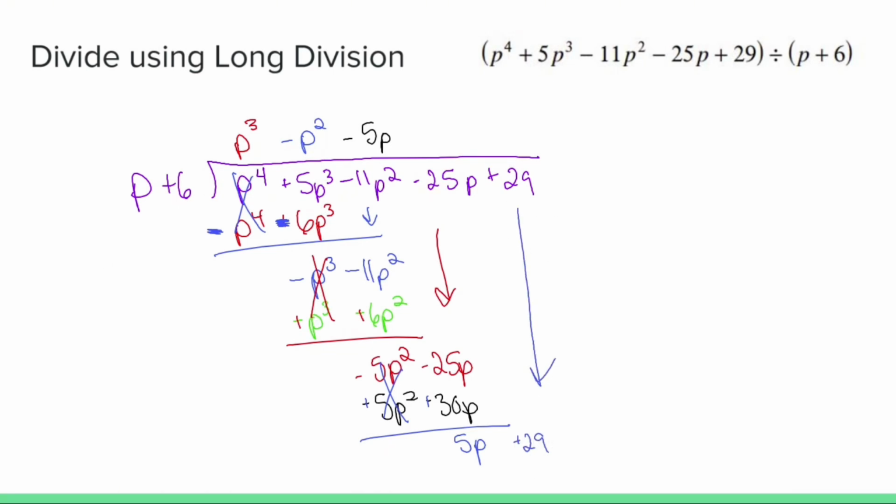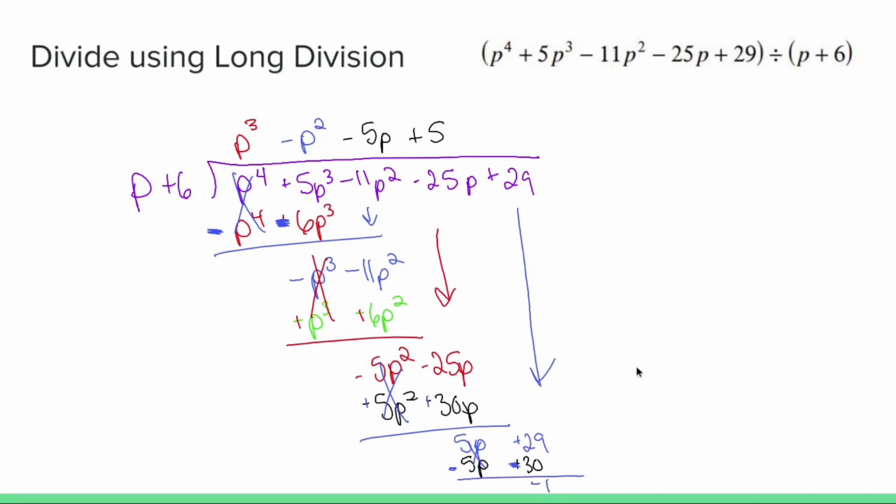Repeat the process one more time. We're running out of space, so thank God we're almost there. P times what is 5p? 5. So multiply 5 to p, so you get 5p. Multiply 5 to 6, which is 30. Subtract the entire row, which means you flip the signs of everything. So minus, minus, you will always cross out, and this gives you negative 1.